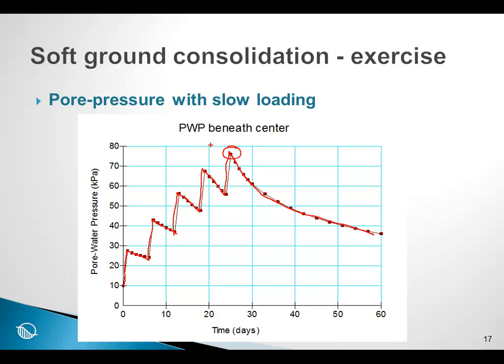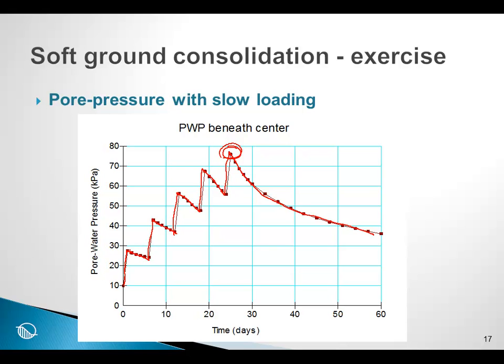Now, if you recall, when the duration for each lift was 1 day, we had at this particular point excess pore pressure somewhere close to about 95 kPa. Now it is around 75 kPa.